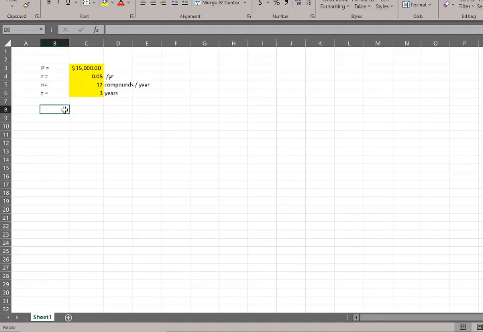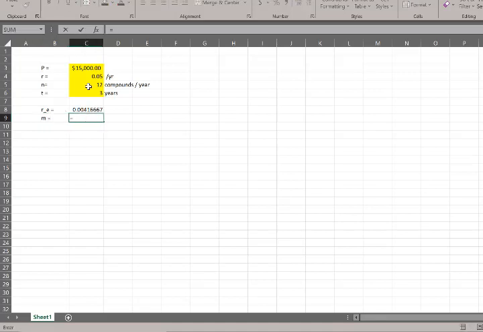So if we want to play around in the spreadsheet by changing those inputs, we'll know what to go for. So let's go ahead and calculate everything now. So RE, that's going to be our interest rate per compounding period. And so that is R divided by N, compounds per year. And then let's find our total number of compounds.